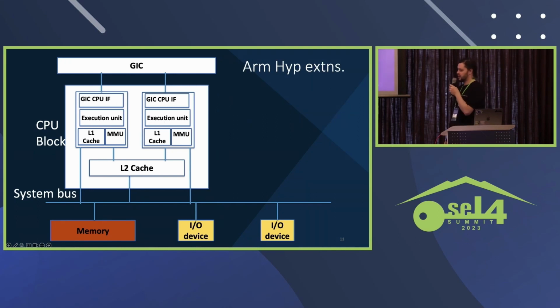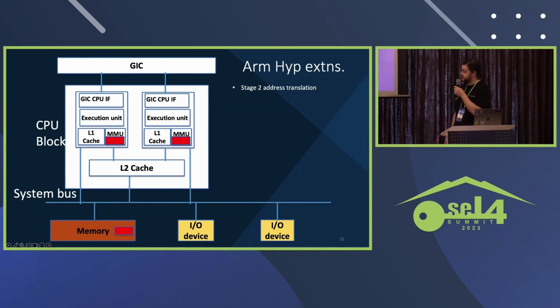And now we're going to talk about what hypervisor extensions the hardware provides in order for a hypervisor to be able to support multiple guest operating systems, each running in their own virtualized physical SMP environment. So first up, we have an additional layer of page translations for the MMU.